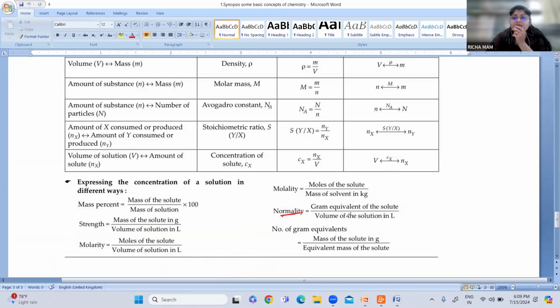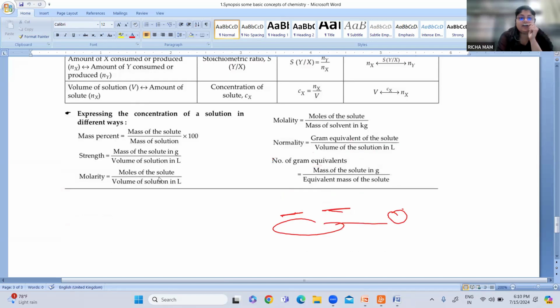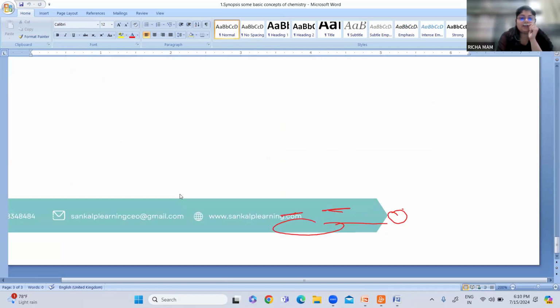We have already seen what a gram equivalent is. How do we calculate the number of gram equivalents? It is the mass of the solute in grams divided by the equivalent mass of the solute. So by using these formulas, we are going to solve the MCQs.